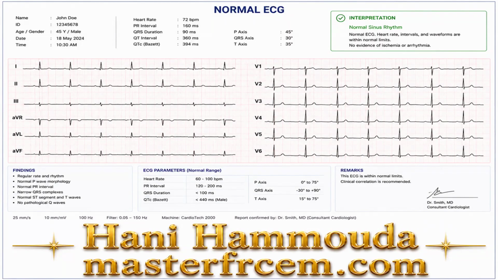So the good news is that we can rule this out, but we have to look for the cardiac enzymes and wait for that. If we do not find anything, then we will discharge you with a printed leaflet and discharge slip to your GP. But if we find any rise in the troponin levels, then we will refer you to the cardiologist, and he will deal with you accordingly.